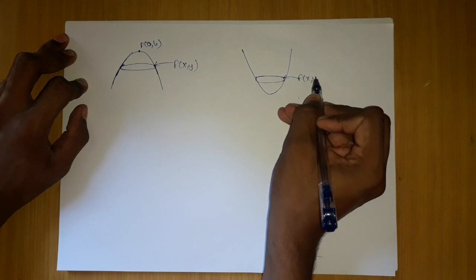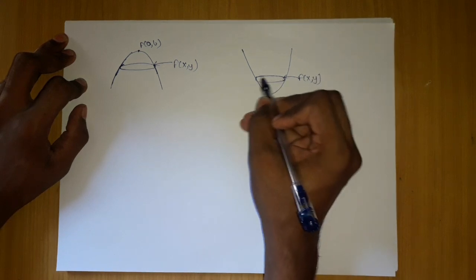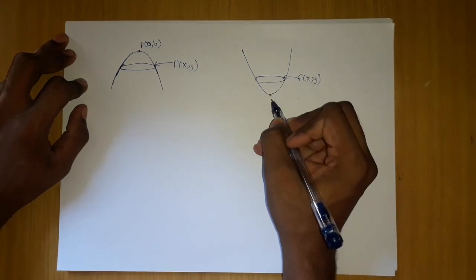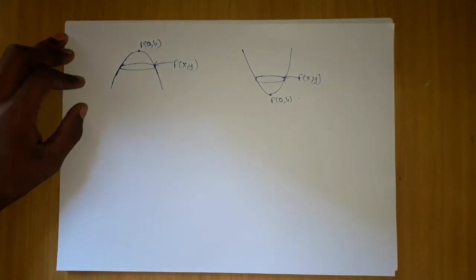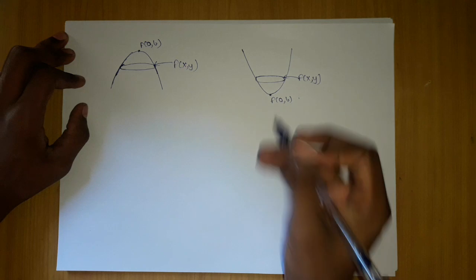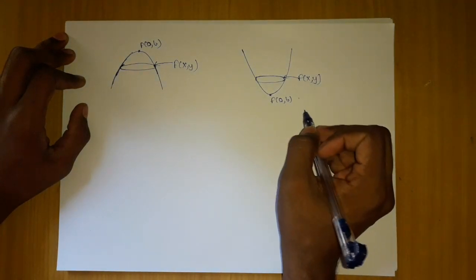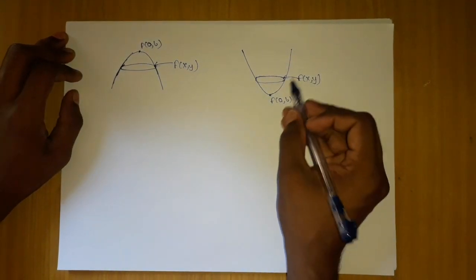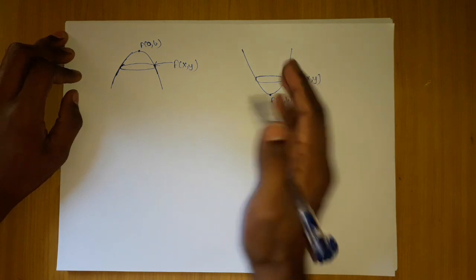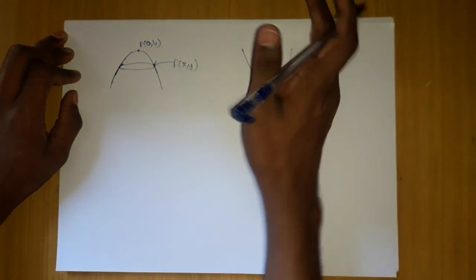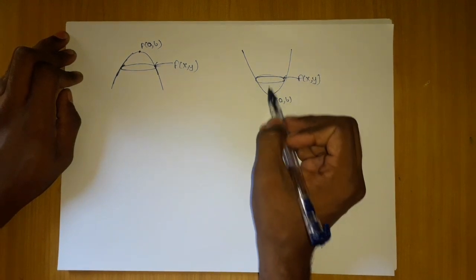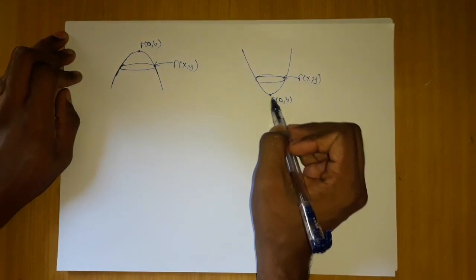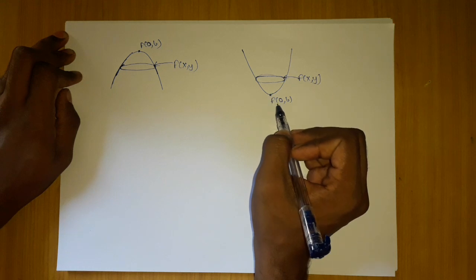Similarly, if I take this curve and this ring, which is some function f of x comma y, and I substitute a comma b, I get this tip. Now if I ask what you can tell about this, you will say that f of a comma b is the local minima of this function. Although the main function, this parabola, is going upward, since we are considering this ring, all interior points inside it will always be greater than f of a comma b.